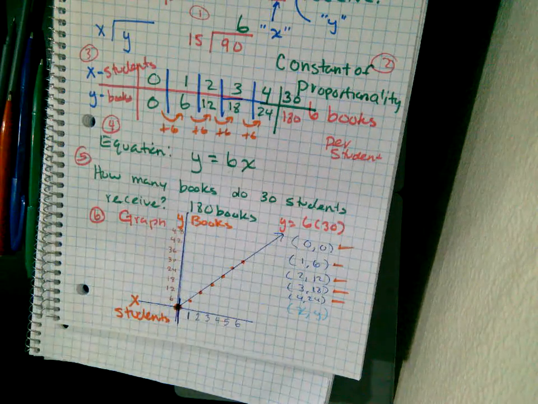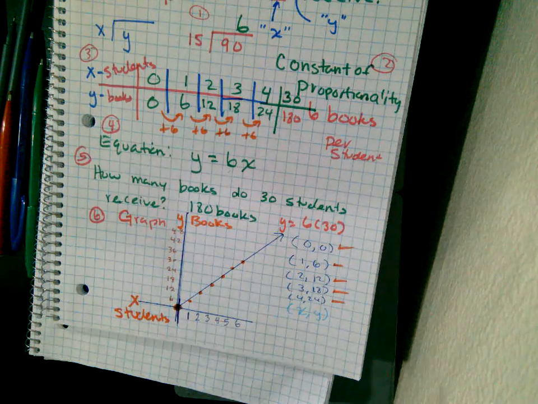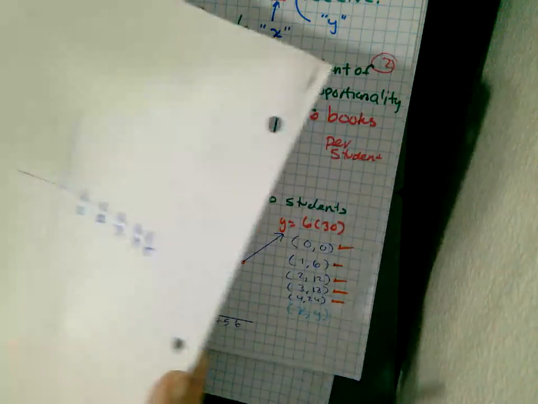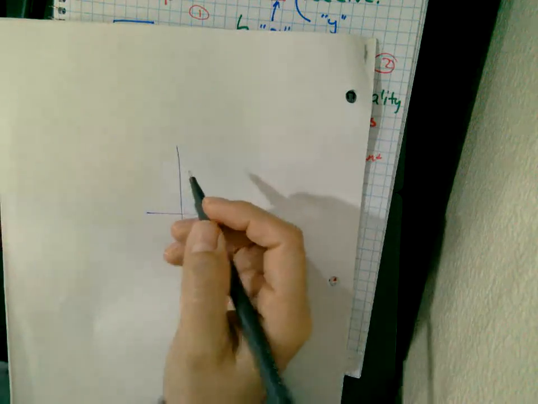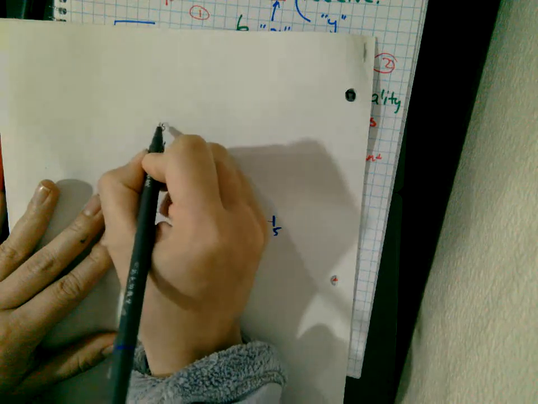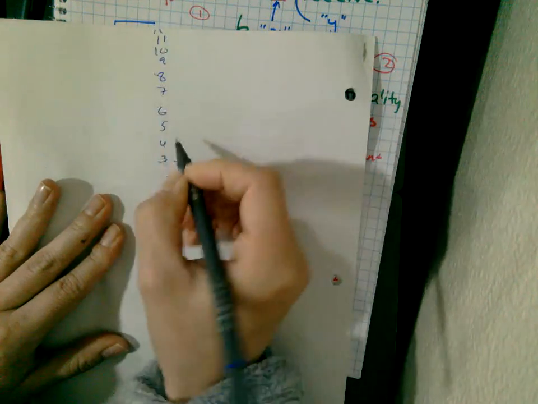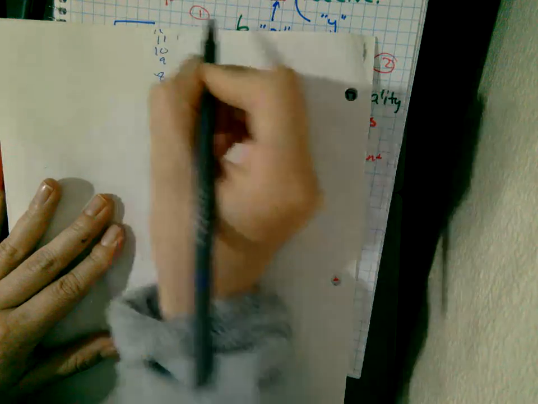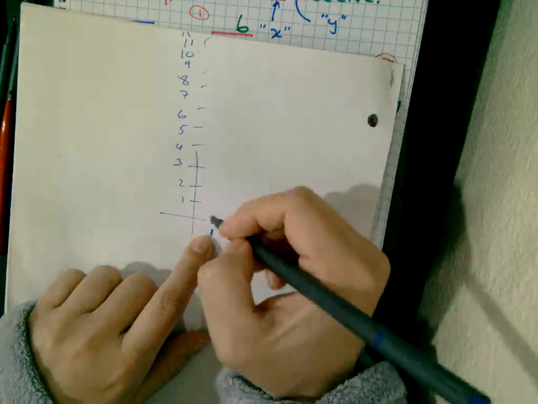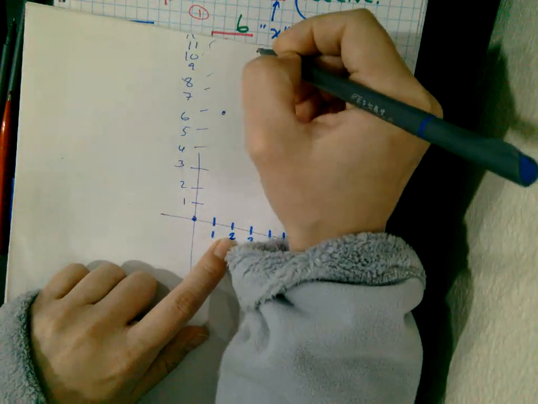Okay? Now, why did I have you go up by your unit rate? Because if you didn't, let's say you went up 1, 2, 3, 4, 5, 6, 7, 8, 9, 10, 11, 12. Your first dot would be 0, 0, and then 1, 6, 2, 12.